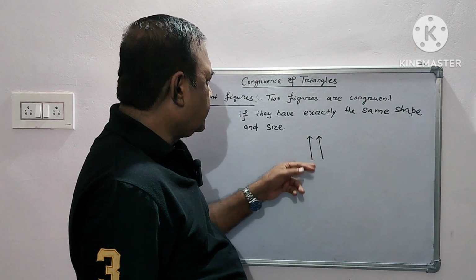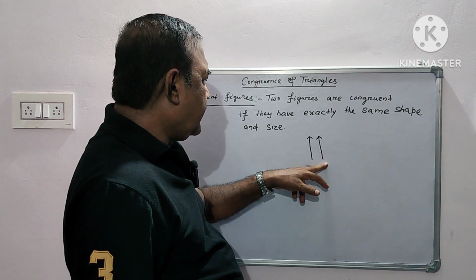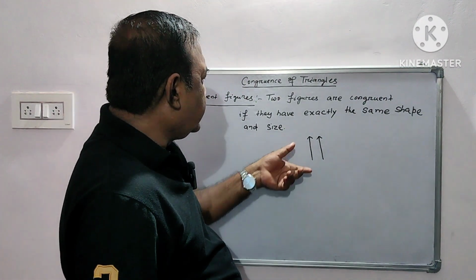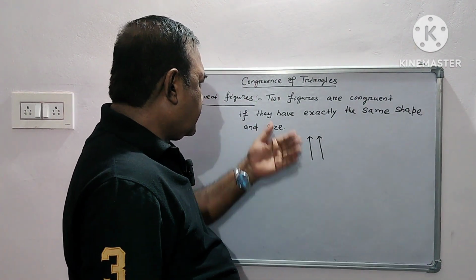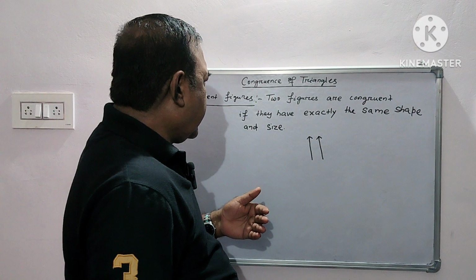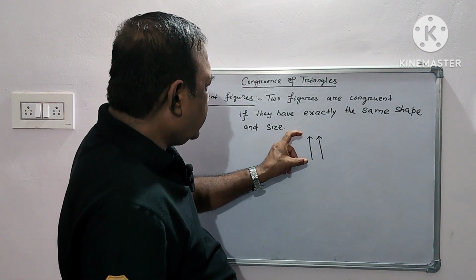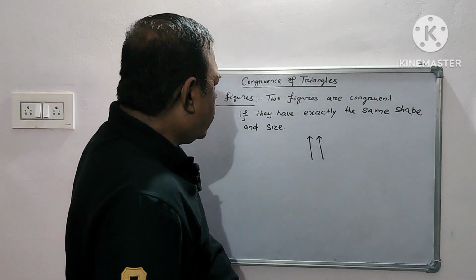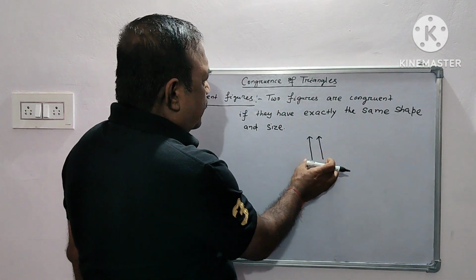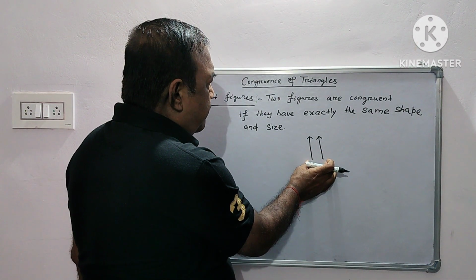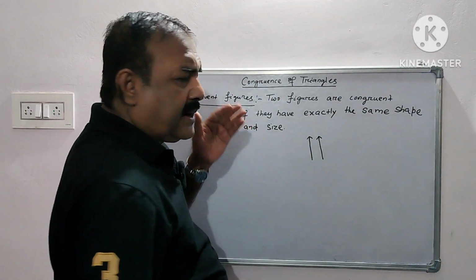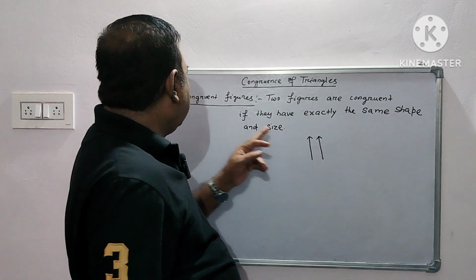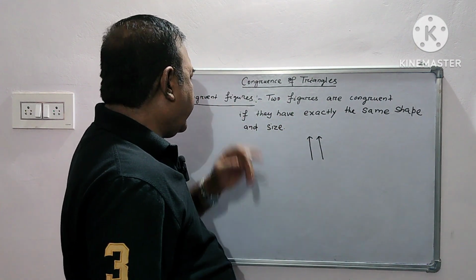Shape, it looks like an arrow. And you see size. No one is greater than the other in length, no one is shorter or longer than the other. Both the figures have exactly the same shape and size. Then two figures will be called congruent figures.